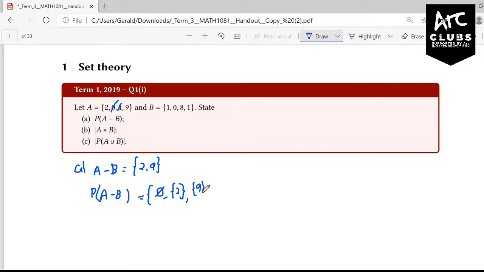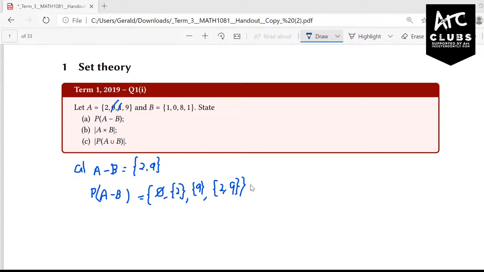Part of the difficulty with today is trying to write with my mouse. And the last set that we have is just the whole set itself. So remember that the whole set is also a subset. And so we have 2, 9. And then we close it off because it is a set.